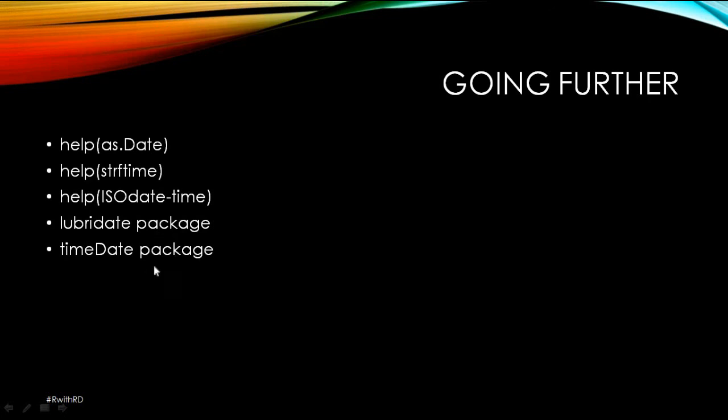These two packages are quite powerful in handling dates in R. So these are the three help sources in R to know more about dates, and these are two packages which have advanced capabilities of handling dates and times. So we may be using some of these packages in the forthcoming lectures.